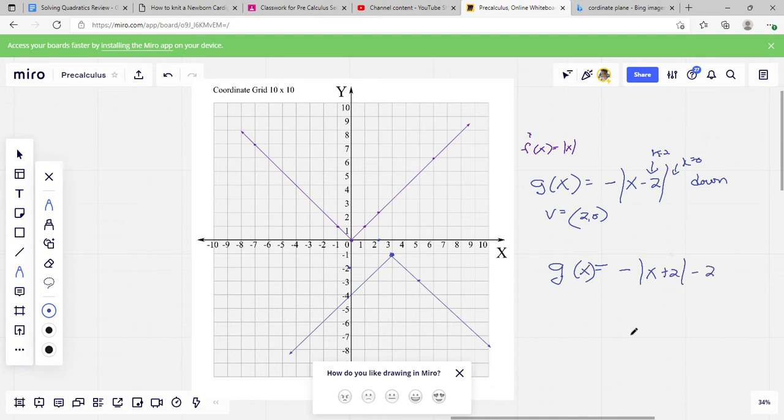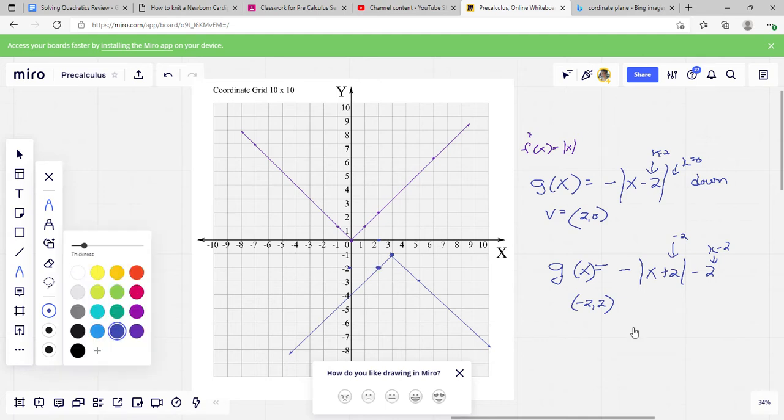This one right here, our h value is negative 2 because we changed the sign, and our k value is negative 2, so my vertex is going to be h, k, which is negative 2, negative 2. And it's going to face down. Actually, let me change the color on this.